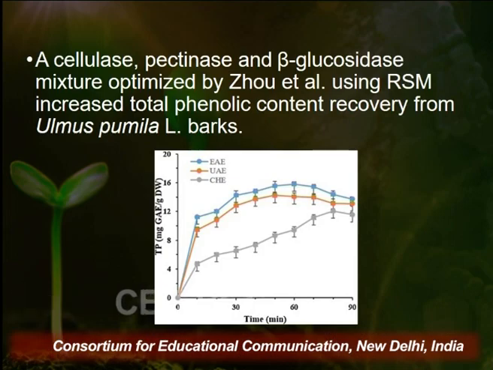You can clearly see in the graph, this group used a mixture of enzymes like cellulase, pectinase and beta glucosidases, and extracted the plant material by different techniques: the conventional heating method, represented by the gray line, ultrasound assisted extraction, represented by the orange line, and enzyme assisted extraction, represented by the blue line. You can clearly see that the content of phenolic compounds extracted by the conventional technique was significantly lower in comparison to enzyme assisted extraction.